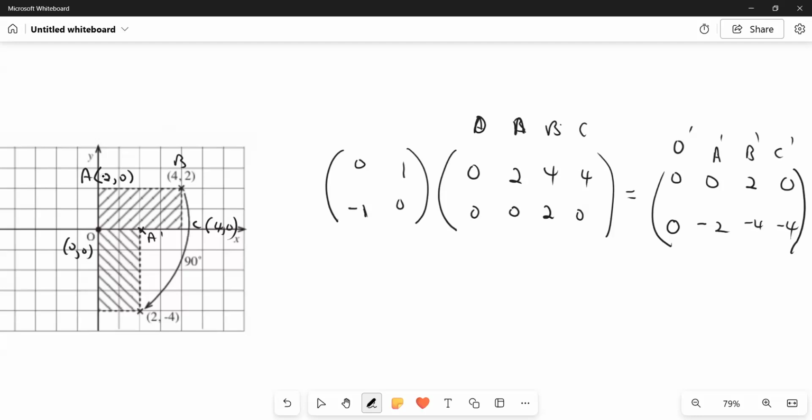This is A, 0, 2. Right? So this is 0, 2 here. So this is supposed to be 2 here. So this has got to be 0 here. I hope I haven't confused the whole class now.